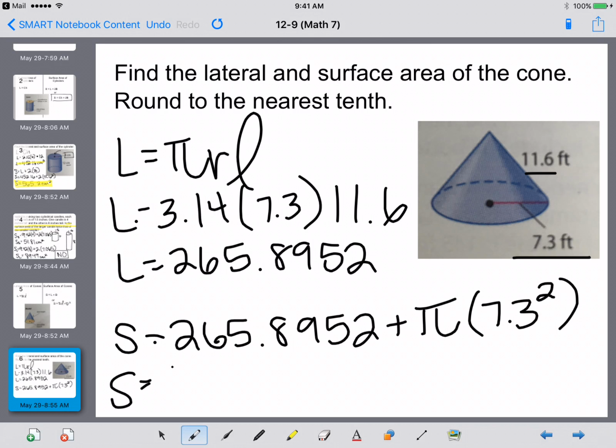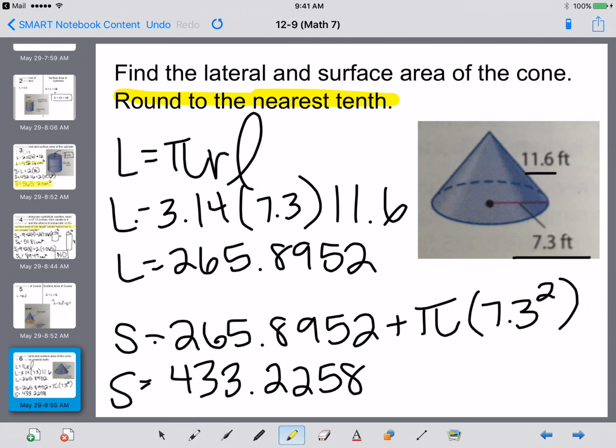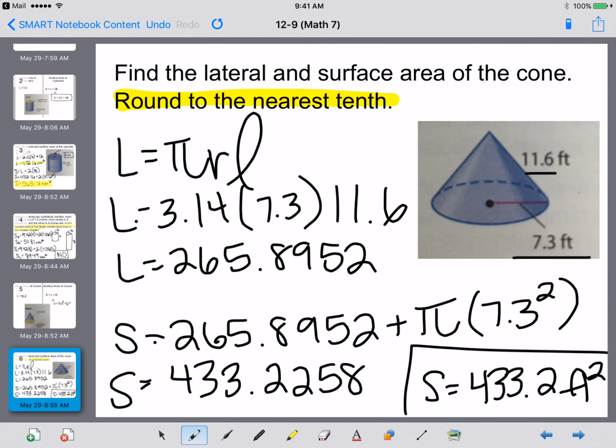My surface area is 433.2258. Up here it says round to the nearest tenth, so it's going to be 433.2 feet squared as our surface area for this cone.